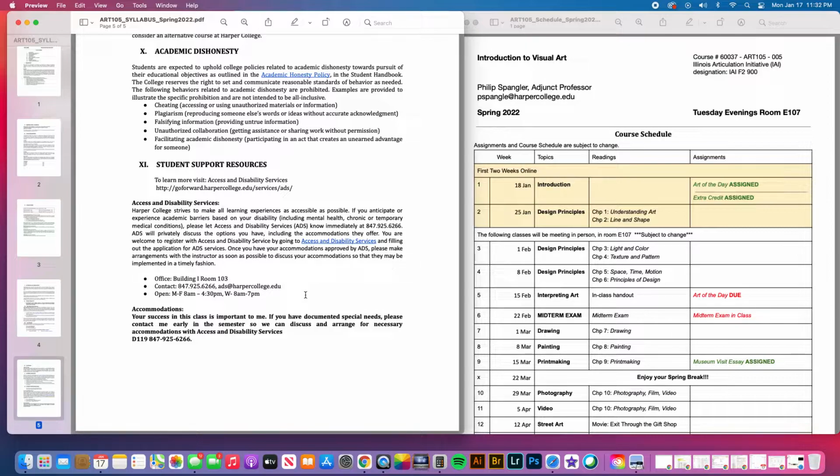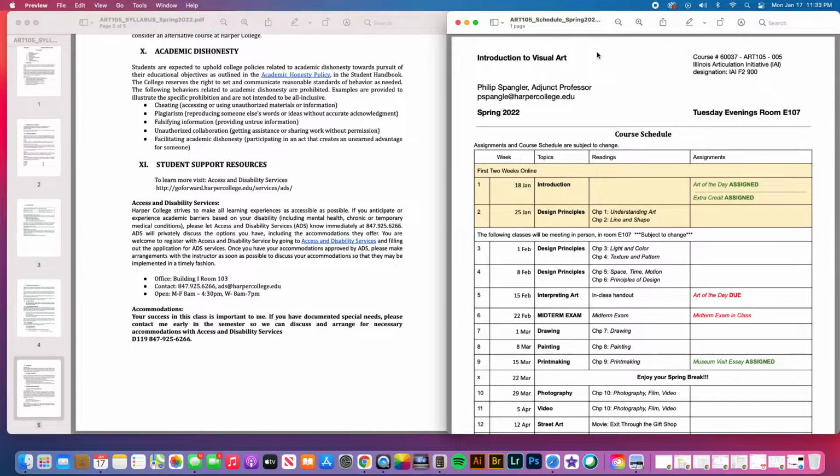I cannot give you an accommodation if you do not contact them first. So what happens is you contact them, you come up with some sort of education plan, I am then informed, and then I can make an accommodation that helps you succeed. So if you need any help in the class or any accommodation, please contact them and I am happy to oblige.